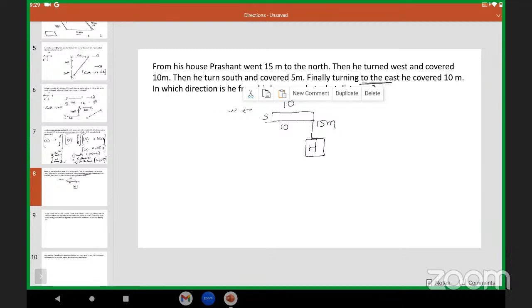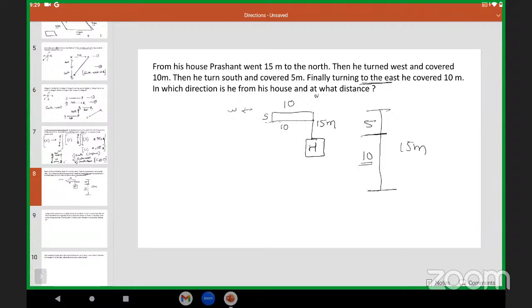The total line was of 15 meters, and he has already got a gap of 5. So the rest will be 10 meters. Looking at the direction, he is in the north direction from his house. So the answer is 10 meters north.